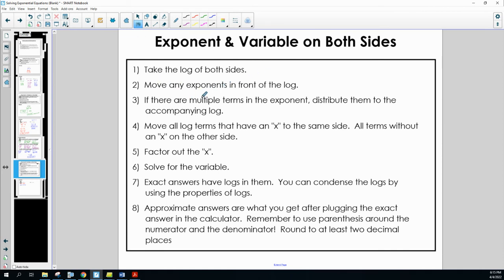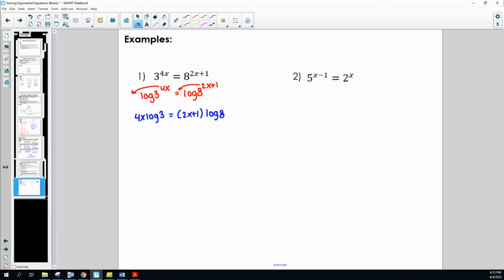If there are multiple terms in the exponent, distribute them to the accompanying log. Okay, so what that means is more than one term means that there's something separated by addition and or subtraction. So when I look at the exponent of 4x, that's one term. They're together through multiplication, so that's one term. But 2x plus 1 is two terms because there's a plus sign separating them.